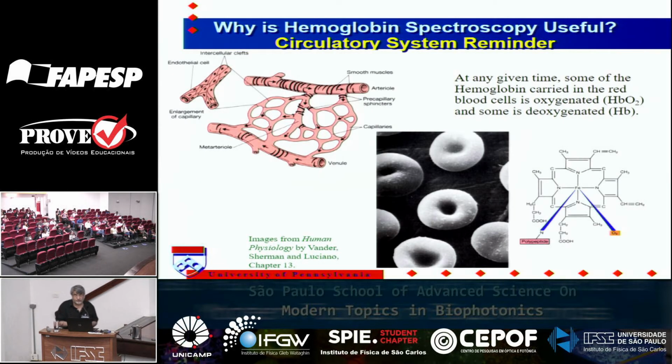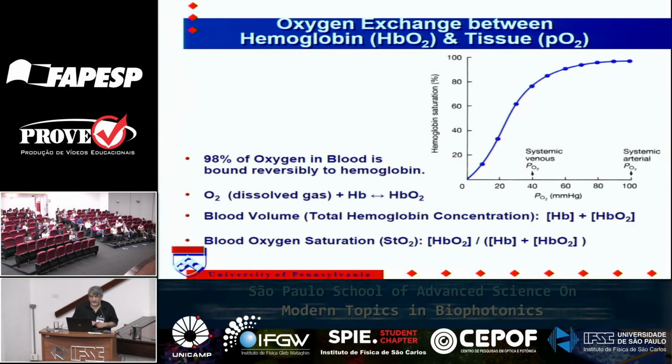oxygen in your tissue. Here's a plot of hemoglobin saturation, but don't worry about this. Remember, 100% is the arterial side, and this is PO2 in your tissue. It's sort of an S curve, or a saturating curve.